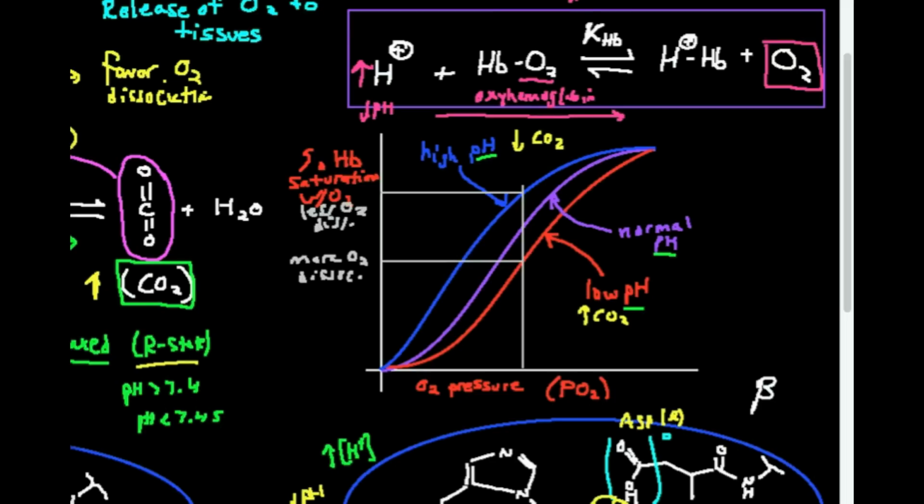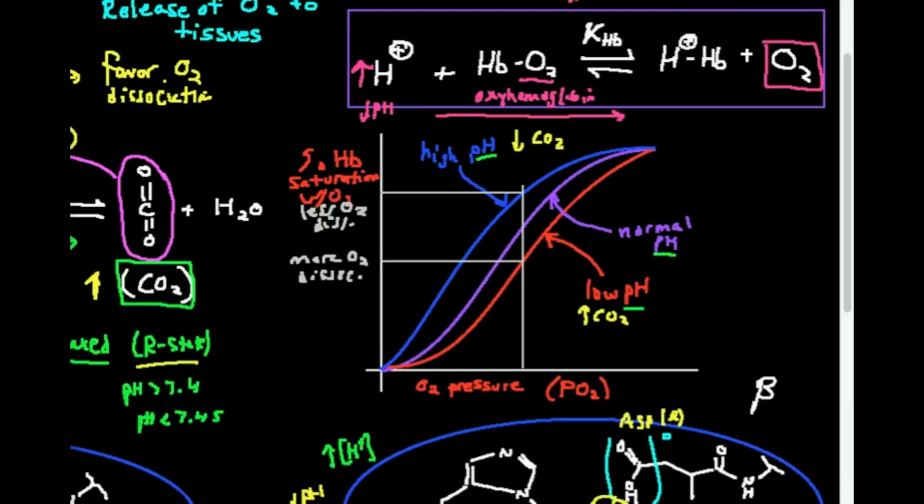How do I know that? Because the vertical axis is percent saturation of hemoglobin with oxygen. Remember, there are 4 binding sites for oxygen on each hemoglobin because there are 4 heme moieties. So are 4 of them bound, 3 oxygens bound, 2, 1, or none of them? Well, you can see that for the high pH or low CO2, there's a much higher percent saturation with oxygen. There's more oxygen bound, which means less is dissociated.